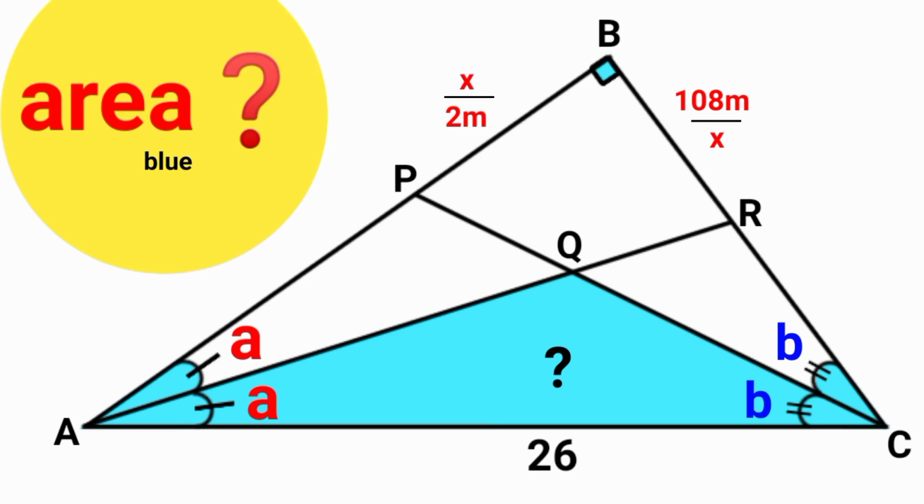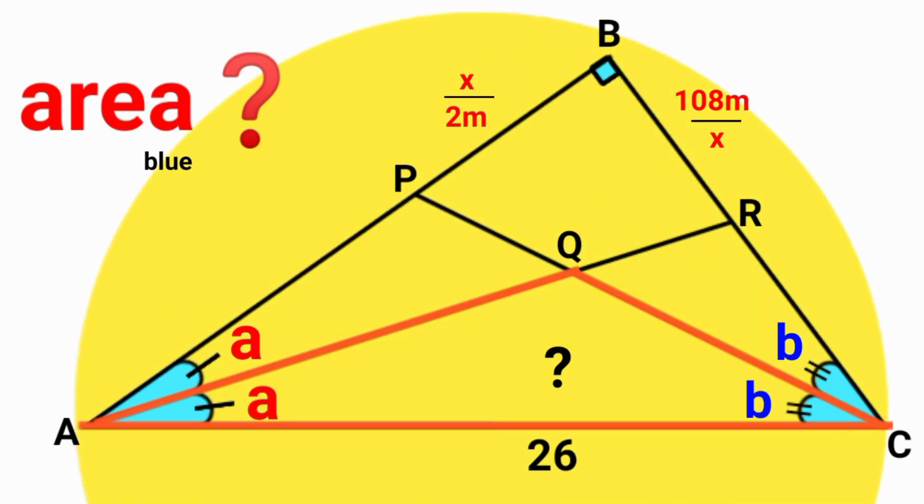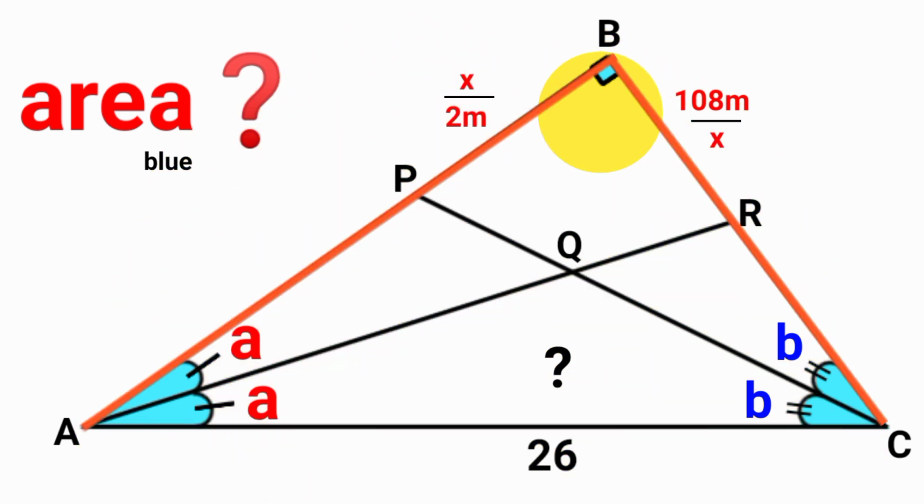Asked to calculate the area of this blue triangle, we can see this angle here is a right angle. The length of this line segment BR is 108 meters over x, while this line BP is x over 2 meters.